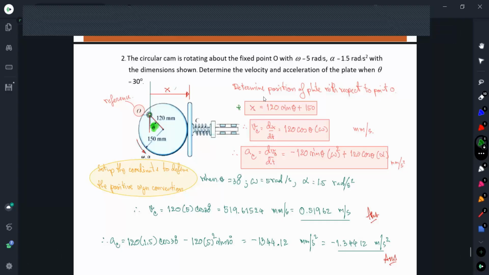After we take the first and second derivatives, we obtain these, and then we substitute each value from the problem into the formula we derived. We obtain the velocity of point C and acceleration of point C here. Let's complete this problem.